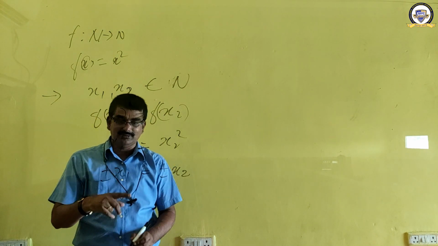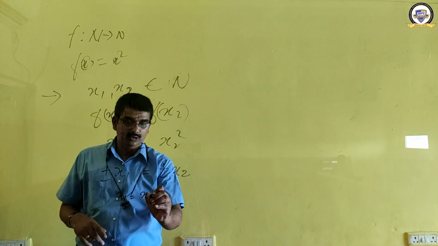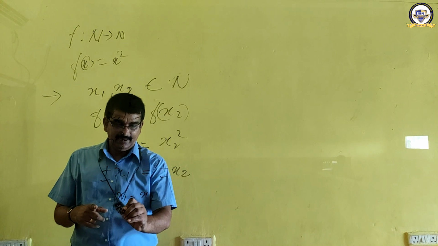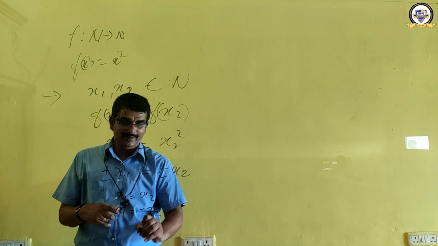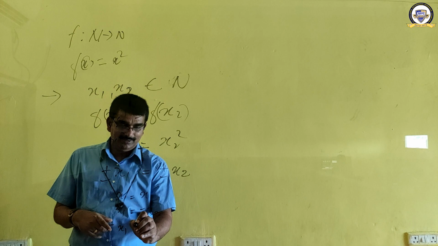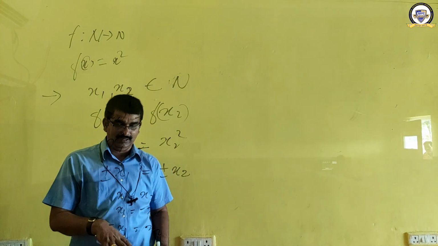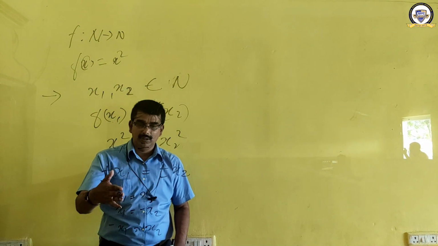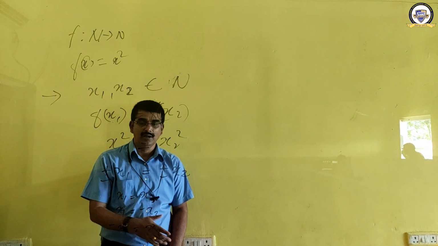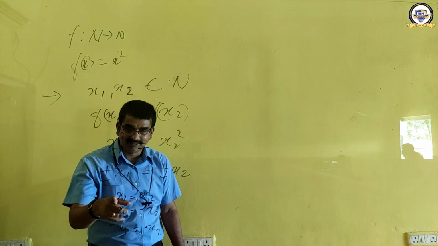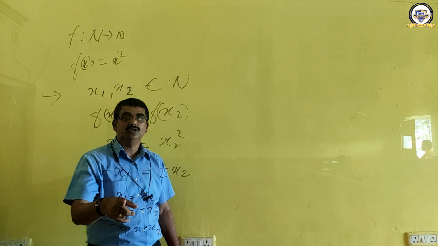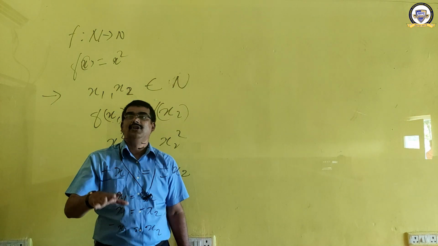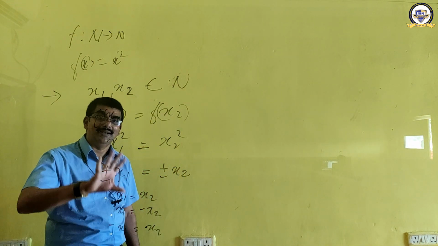One case, x1 is equal to x2. Second case, x1 is equal to negative x2. Third case, negative x1 is equal to positive x2. Different cases are coming over here. So it is not compulsory that x1 is equal to x2. So can you say that it is 1-1?